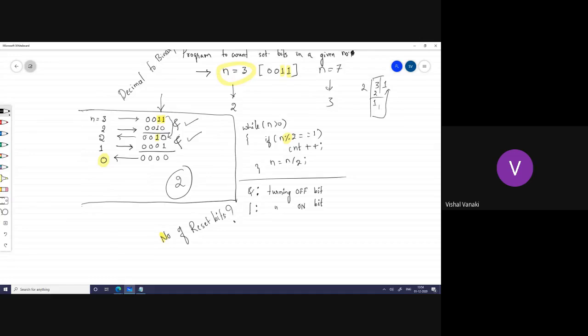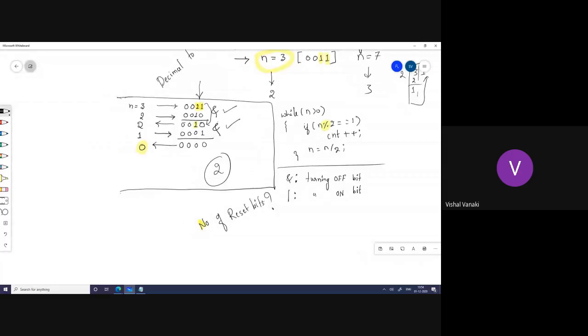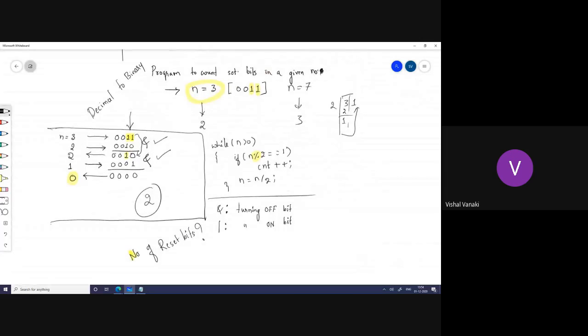You take n is equal to 3, right? How many reset bits are there? 2. No, there are no 2 reset bits. There are more than that. Think of it. Come on.